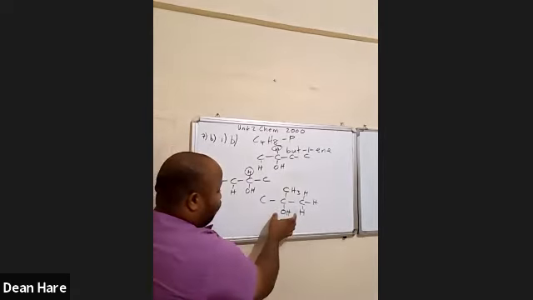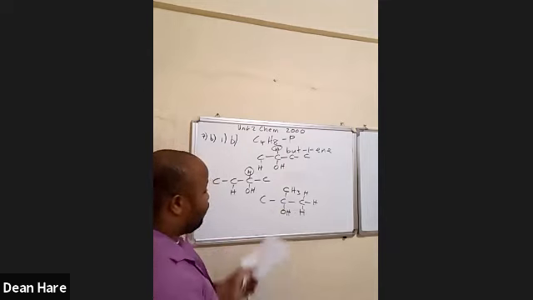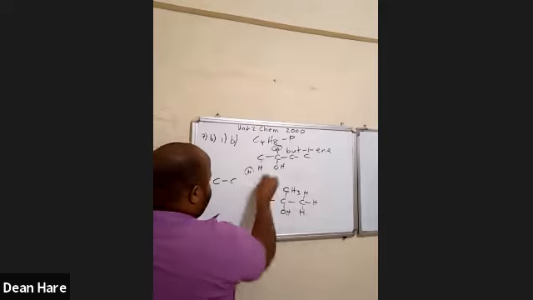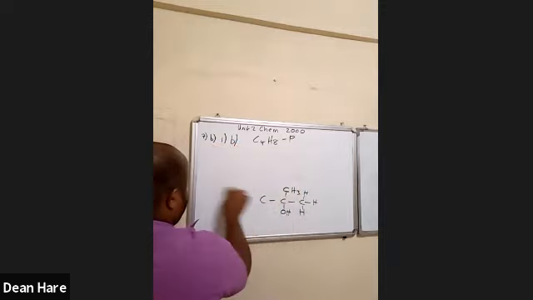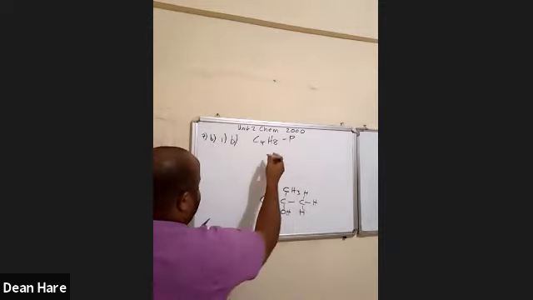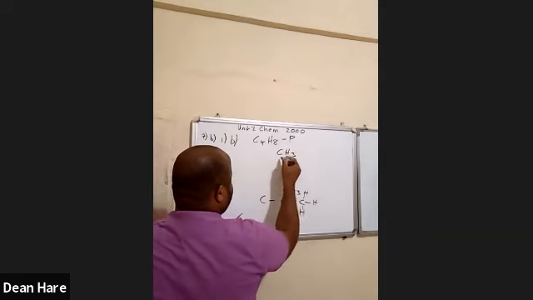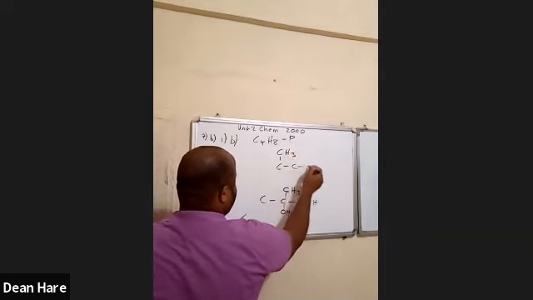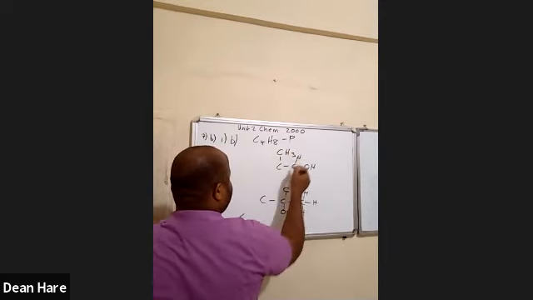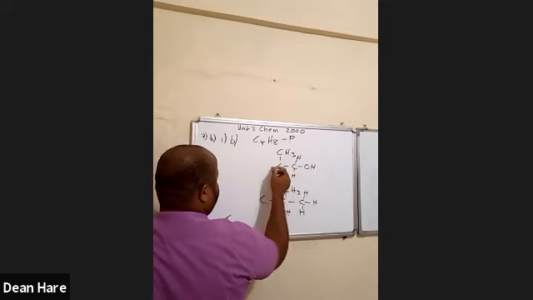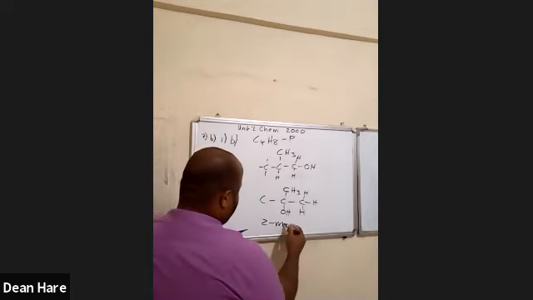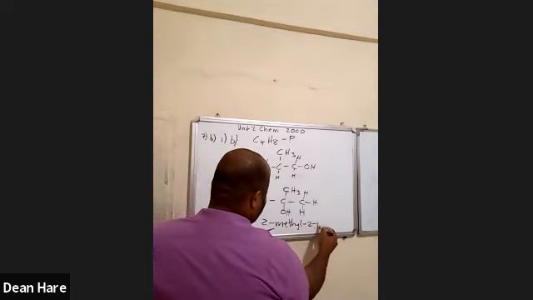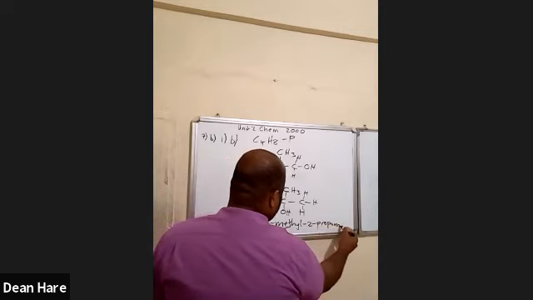So the two compounds would be 2-methyl-2-propanol and 2-methyl-1-propanol.